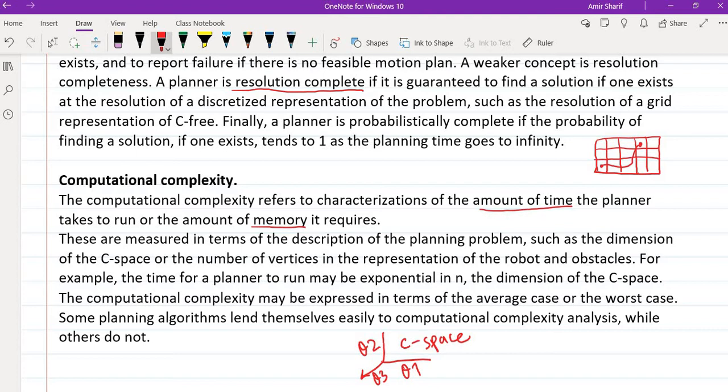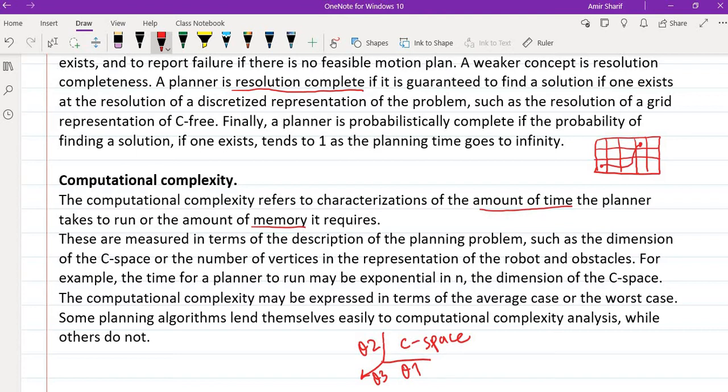So each scenario will be different. At the end you can take an average of all the scenarios and say this is your average case computational complexity. Or you can also talk about the worst case, in which your environment has most obstacles and it is very difficult for a motion planner to find a path.